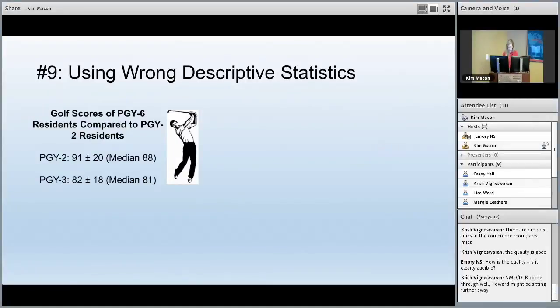So what if I wanted to look at some ways to describe data? Here we have PGY6 golf scores compared to PGY2. This is the mean and the standard deviation, and here's the median. The median is relatively close to the mean, and the standard deviation is relatively small relative to the magnitude of the mean. So here I would argue that the mean is well representative of the center of the data.